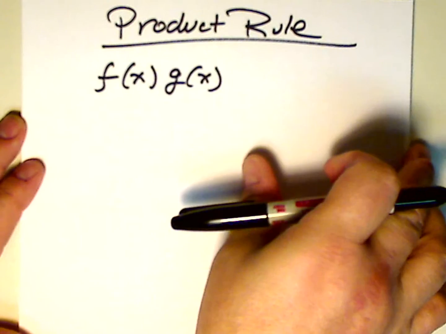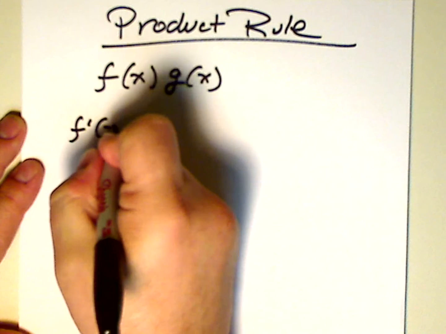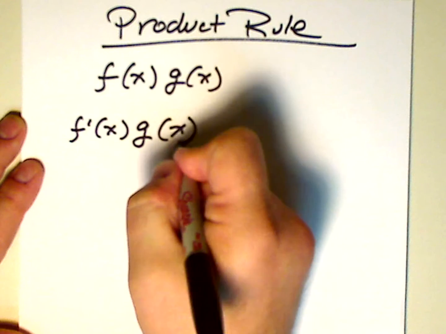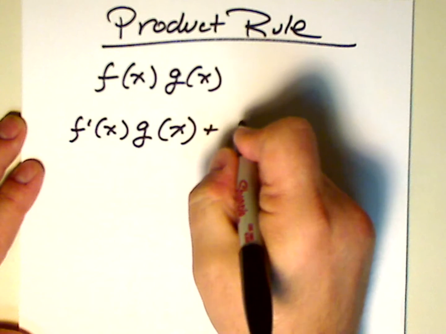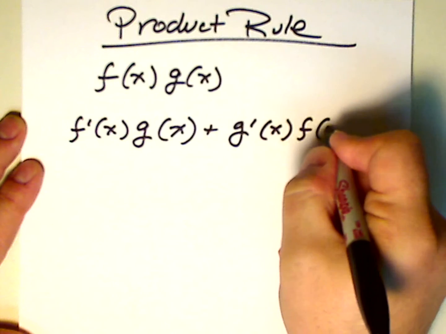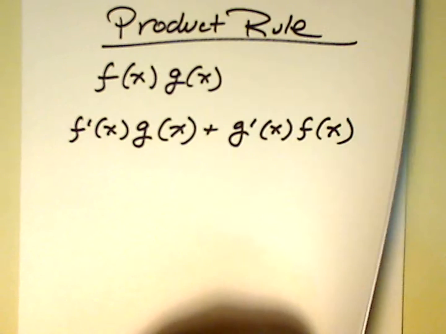To differentiate this, we take the derivative of the first function, f prime x, and multiply it by the second function, g of x, and then we add the derivative of the second function, g prime x, times the first function, f of x. So there you have it. That's the product rule.